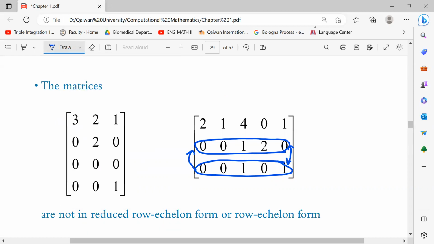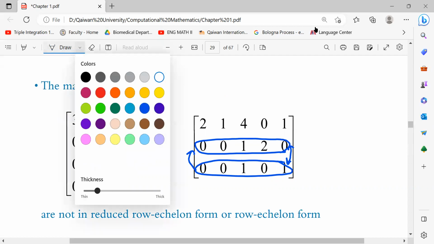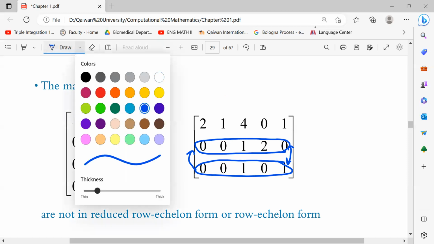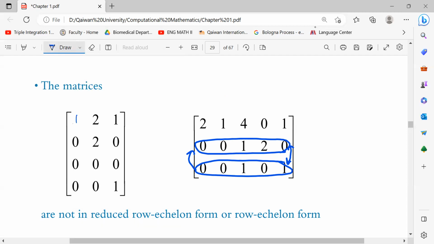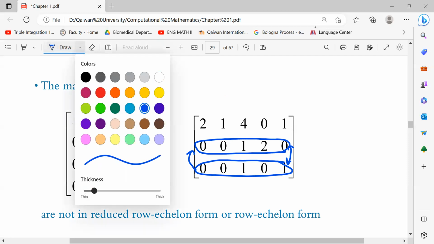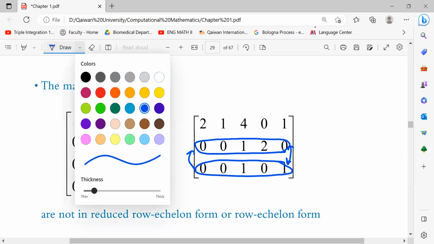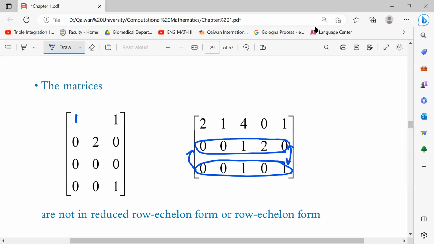Let's check. This 3, if we divide it by 3, we get 1. For the second one, 2 divided by 3 is 2/3. And here, 1 divided by 3 is 1/3.